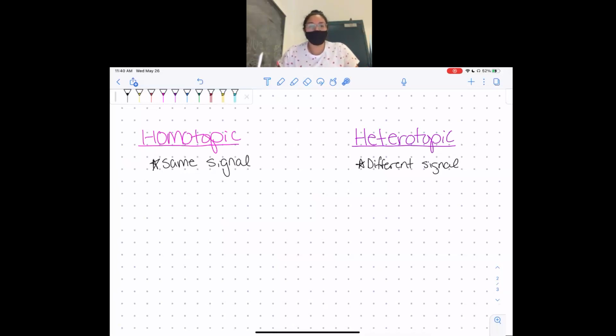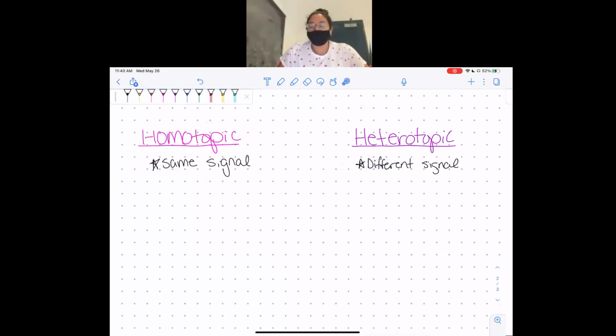These are both super, super general umbrella terms, and enantiotopic and diastereotopic are more specific terms that fall under these categories. Before we go into them, though, I just want to make sure you know these words are comparison words.